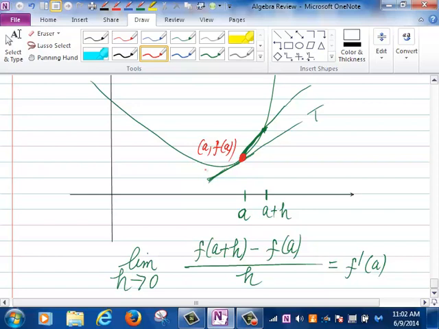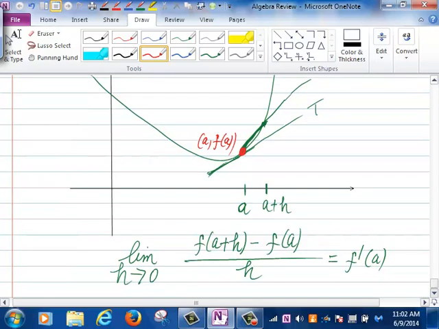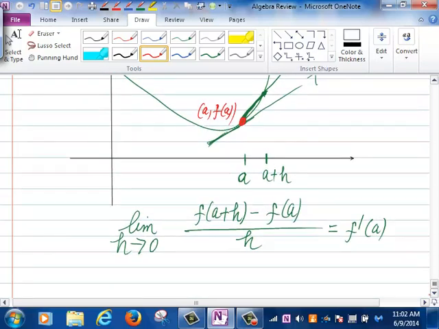Now, what's the equation of the tangent line at A then? Anybody? What's the equation of the tangent line t? Well, I can use the point-slope formula, right?